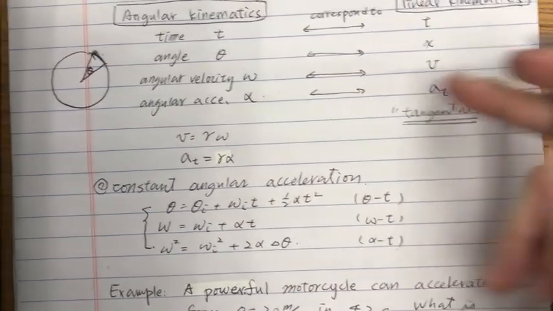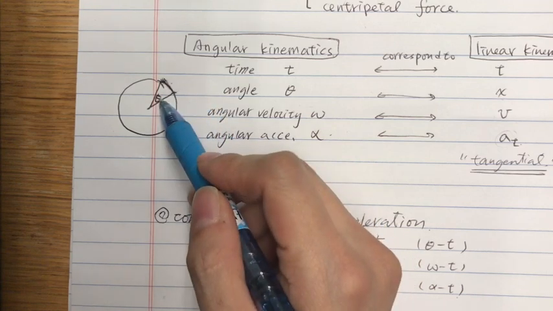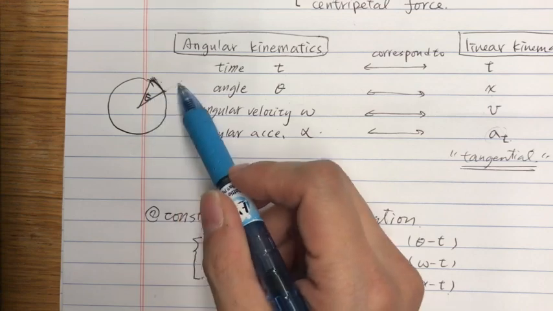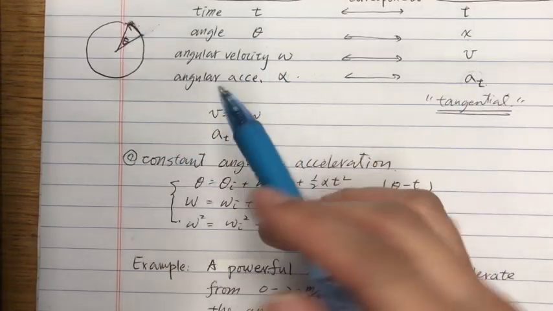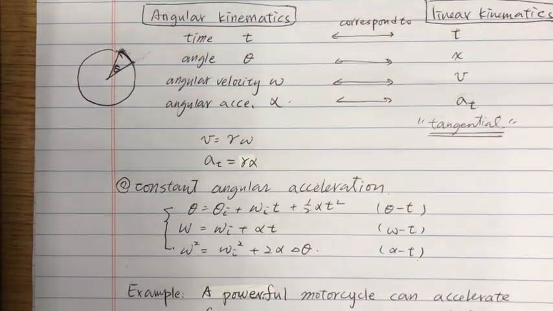This is not a velocity in this direction. There's no velocity in this direction. And this is not the acceleration in this direction. So from this relationship, we can figure out everything tangential related to angular kinematics.